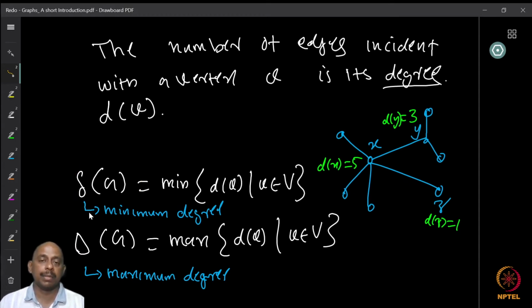Now, if you look at the largest degree, the maximum over all the degrees, it is called the maximum degree of the graph and is denoted by capital delta. So these two are deltas, small delta and capital delta. Again, these notations we will use very often, so you should try to remember them.